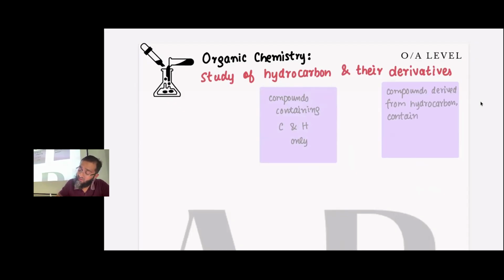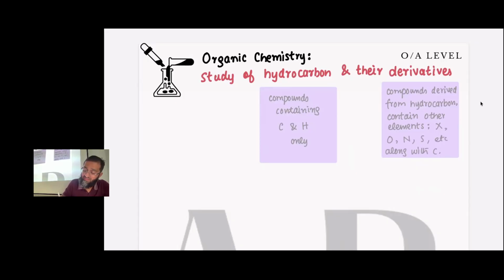They contain other elements which are halogens, oxygen, nitrogen, sulfur, etc. along with carbon.